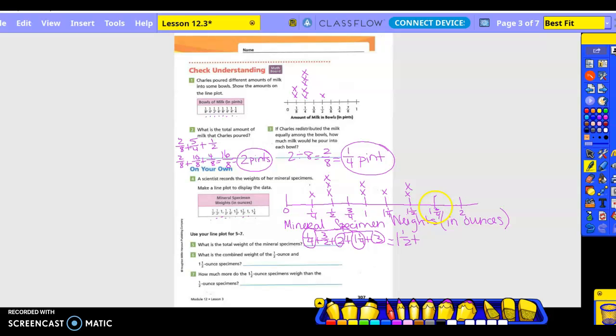Plus, I can make this 3 halves into 1 1/2, right? Plus 5. So what is 1 1/2 plus 1 1/2? 3. Plus 5 is, so 8 ounces, right?